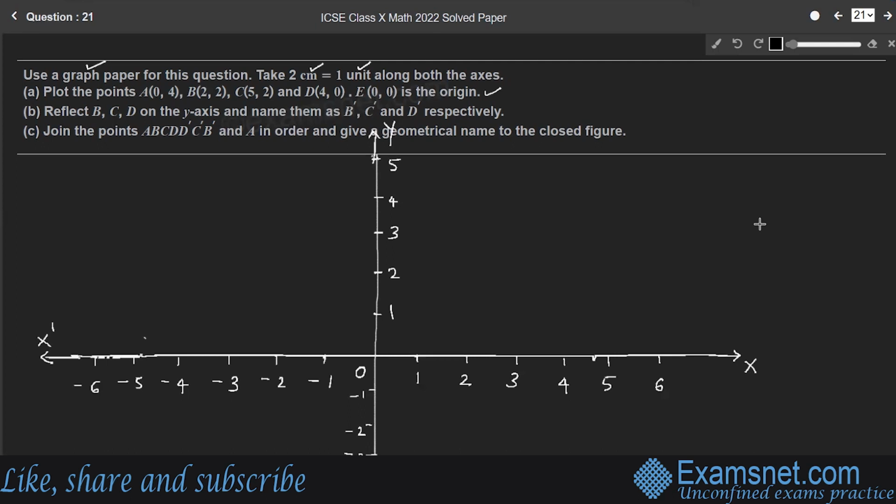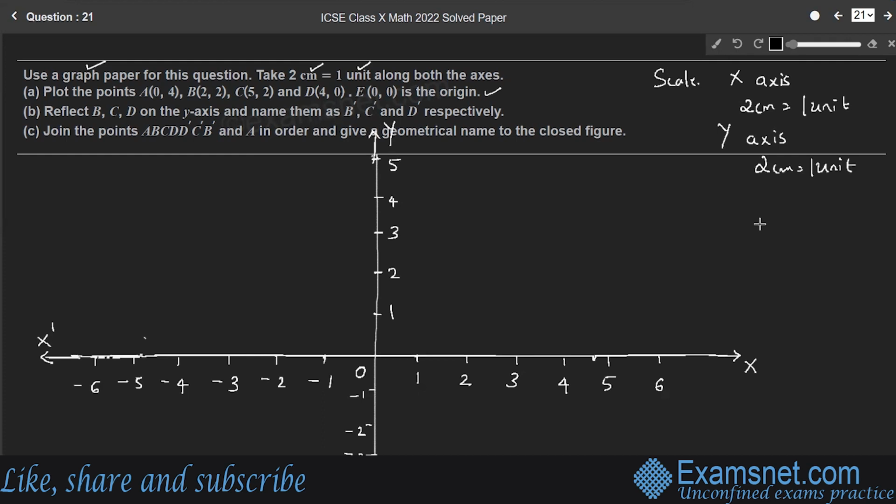Here, student, let us represent the points first. Here we are taking the scale, 2 centimeter is equal to 1 unit, right? So along the x-axis, we are taking 2 centimeter is equal to 1 unit. On the y-axis also, we are taking the same unit, 2 centimeter is equal to 1 unit.